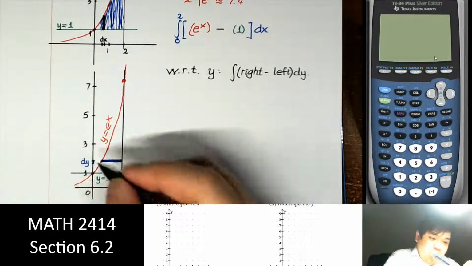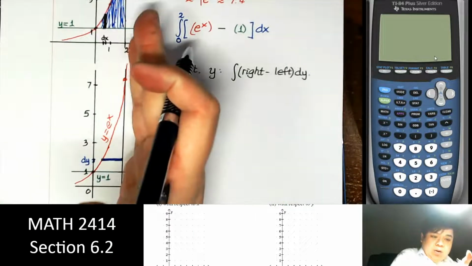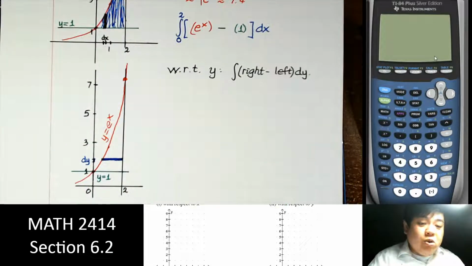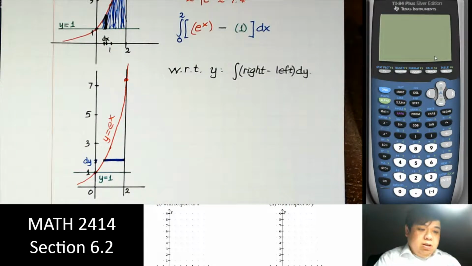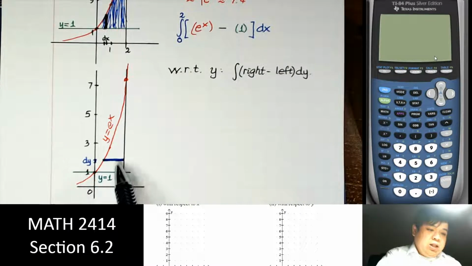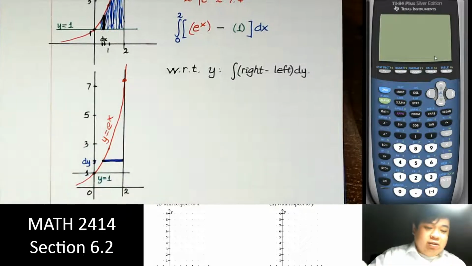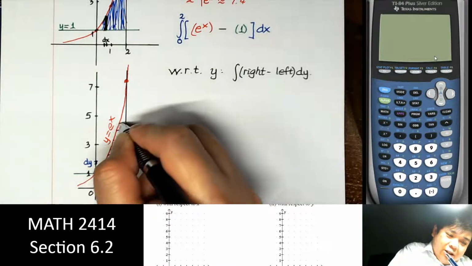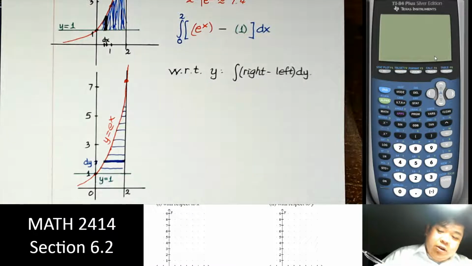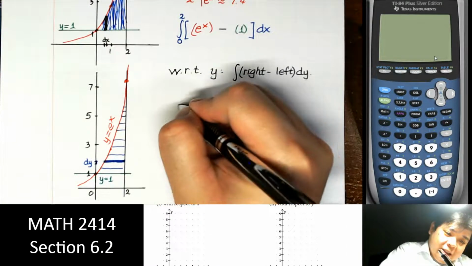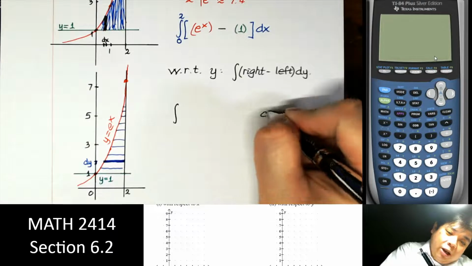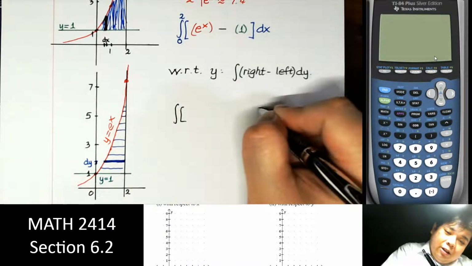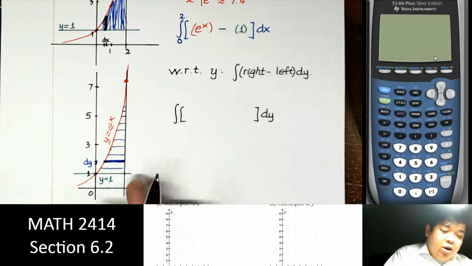The height is dy and the width is the right minus the left. So for dy it's one direction, and then we have to find the other direction perpendicular to it, and that is the right minus the left. So we have a bunch of those rectangles. Now the limit is going to be dy, the function on the right minus the function on the left.